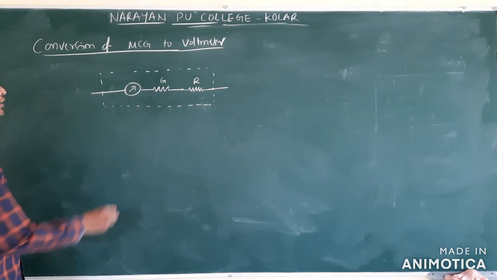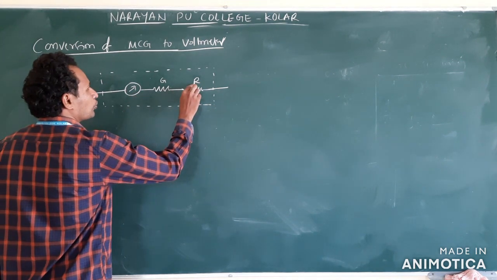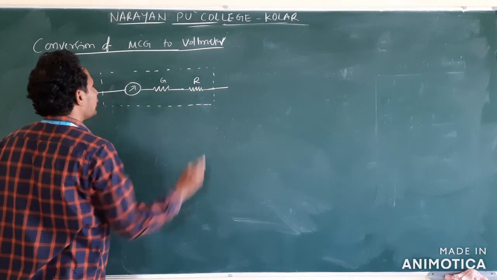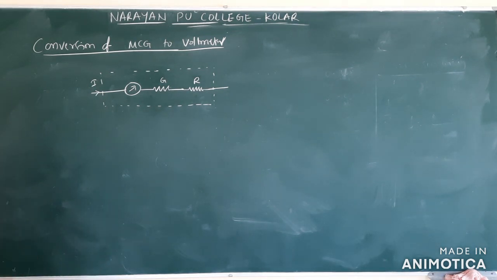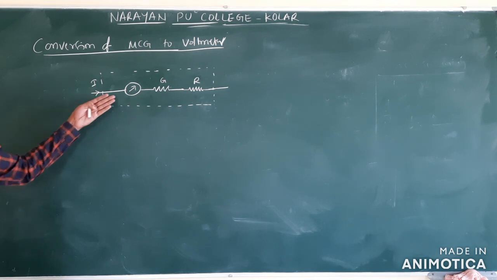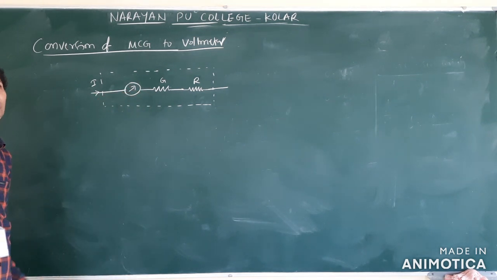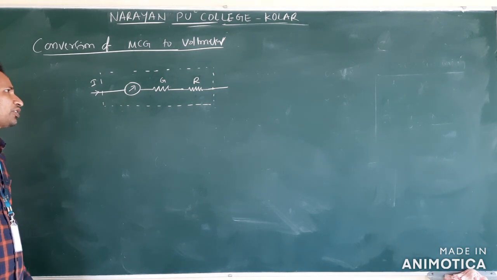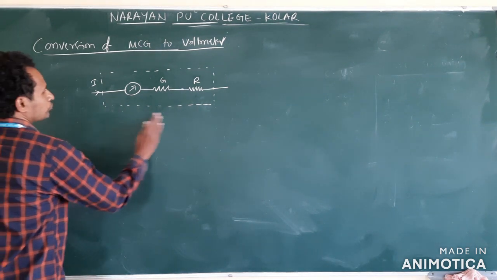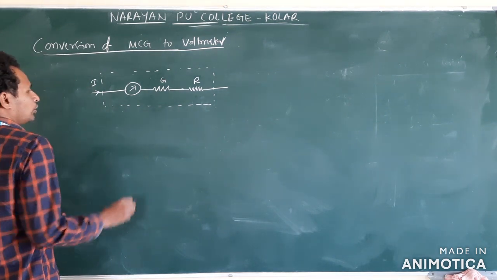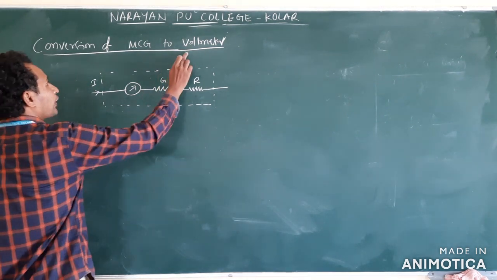Then we find the resistance equation now. Current I is passing through the galvanometer. The same current will pass through G as well as R, because they are in series combination. In a series combination, the current passing through all resistors remains the same. Now we are finding potential.